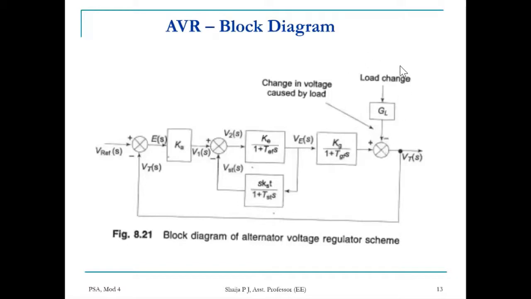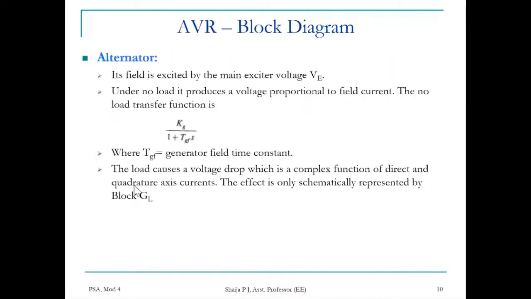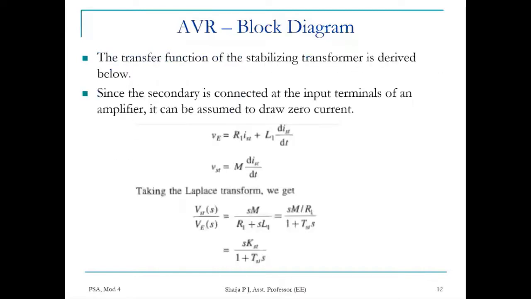And this is what is mentioned there as block GL. In an alternator, the load causes a voltage drop, which is a complex function of direct and quadrature axis currents. The effect is only represented by the block GL. This is actually the no load, which is proportional to this.